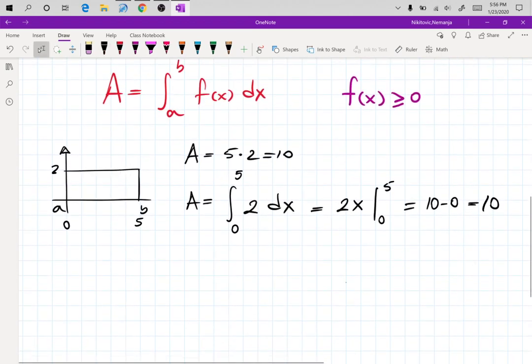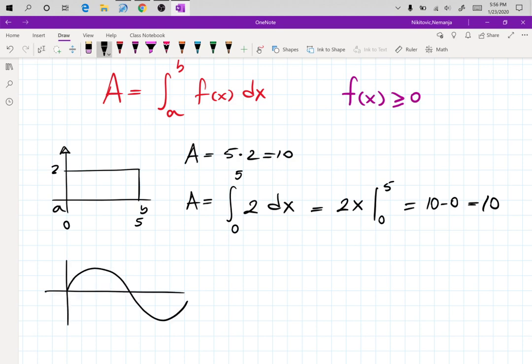Now, it is important to note that this function y equals 2, a constant function, is always above the x-axis, never dips below on the interval a to b, and therefore all we have is the positive area. Now, if you observe the sine function, it goes above from 0 to pi, and then below from pi to 2 pi.